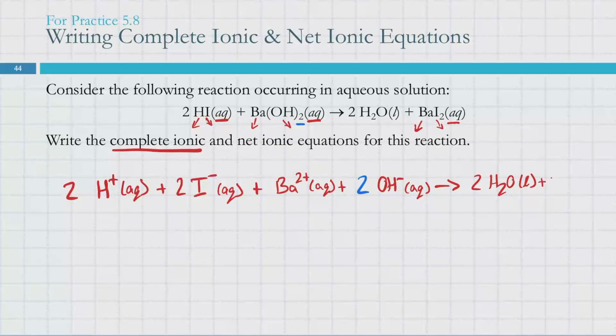But we have the barium iodide that gets split up. And I didn't quite space things correctly to get it all to fit in one line. So that's our complete ionic equation. Any questions about that one?